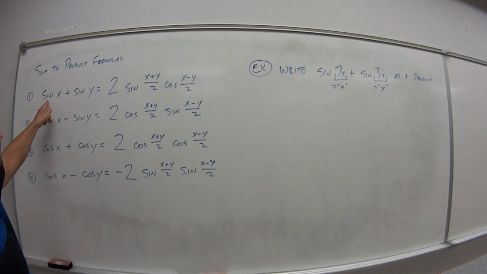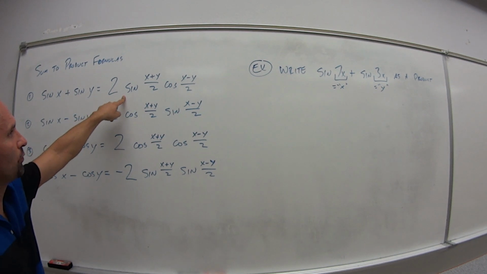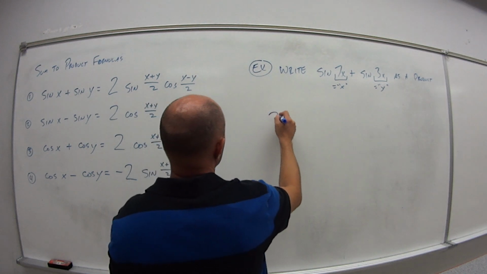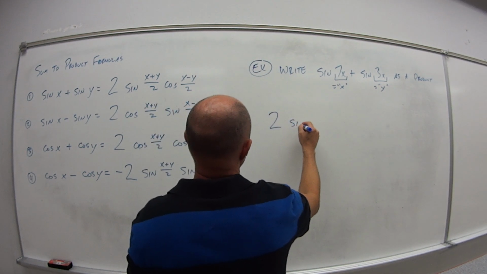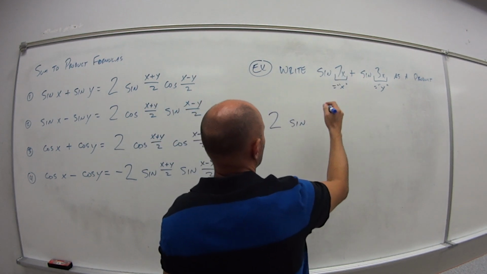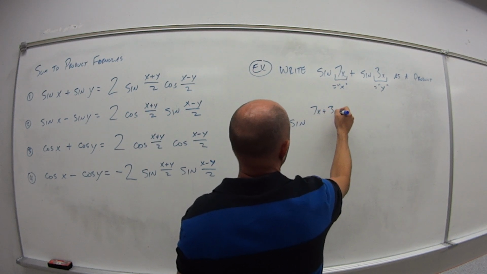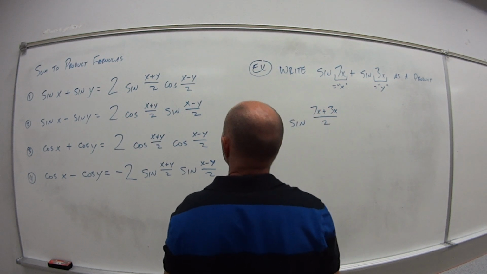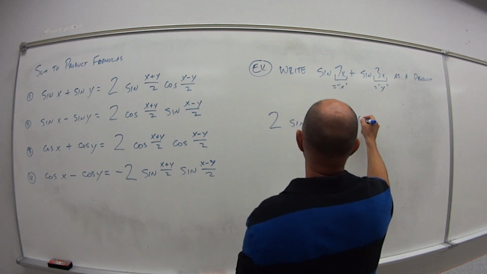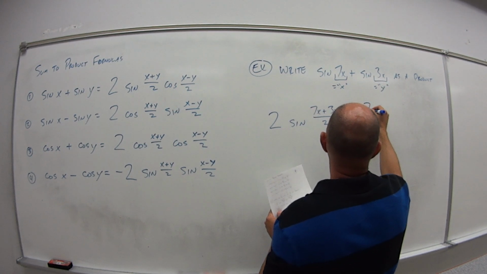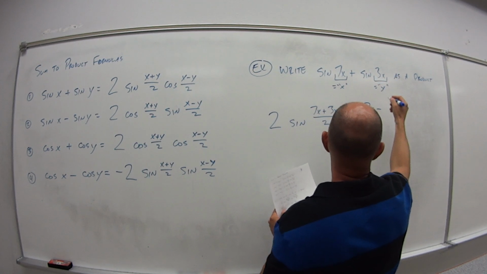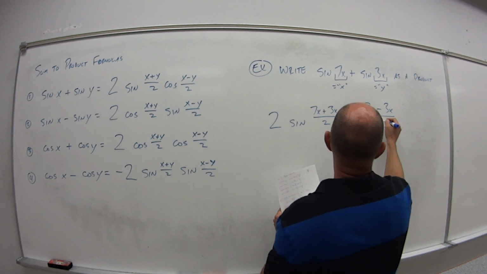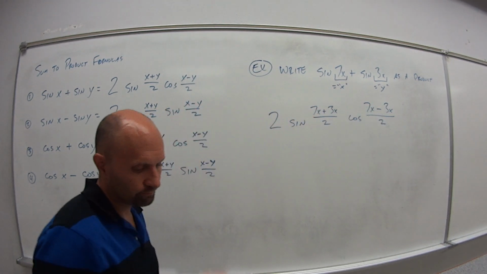Because it's sine plus sine, that's this first one. So our answer is going to be 2 times sine of x plus y, so 7x plus 3x over 2, times cosine of x minus y, which is 7x minus 3x, all over 2.